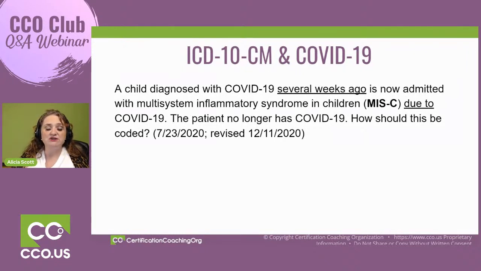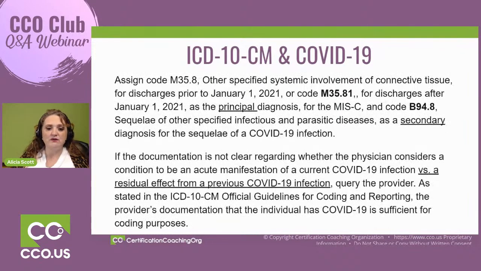So what are we going to do? How are you going to code that? Because that would be a late effect of COVID. So the M35.8, that is going to be the old code for MIS, but now they've updated it just like that history code.